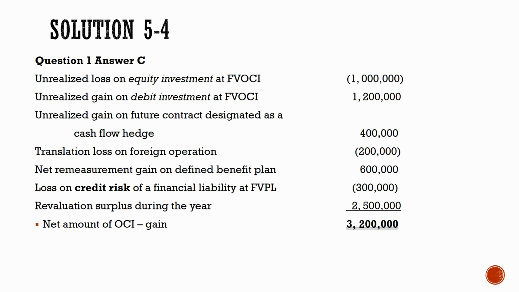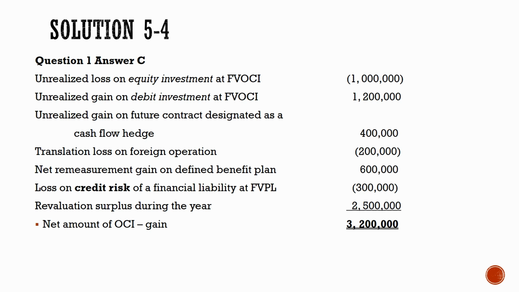Bali, ang components daw ng other comprehensive income ay yung mga sumusunod. First, yung unrealized gain or loss nila sa equity investment na mineasure at fair value through other comprehensive income. Next is yung unrealized gain or loss sa debt investment nila na mineasure din sa fair value through other comprehensive income. Then, yung gain or loss nila from translating the financial statement ng foreign operations.